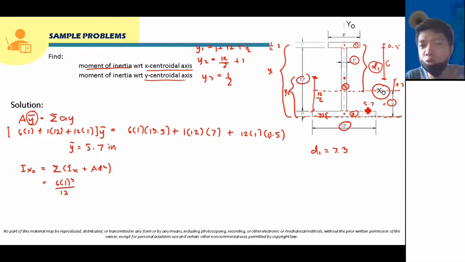No, this 5.7 actually is from the bottom. The 6 that you measured is just here. Are you getting my point?